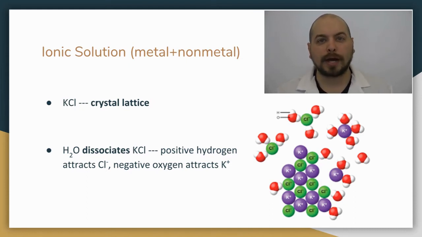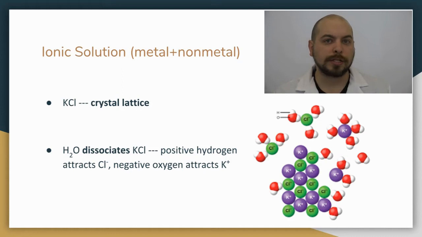The partially positively charged hydrogen atoms are going to be attracted to the chloride ion, and they're going to slightly pull it away. Now, if this force of attraction between the water molecules and the ions is greater than the force of attraction of the ions to each other, then the process is going to continue and we are going to dissolve. So not only dissolve, but dissociate.